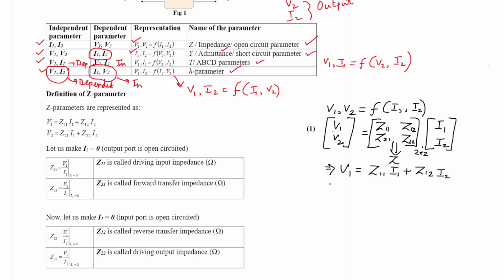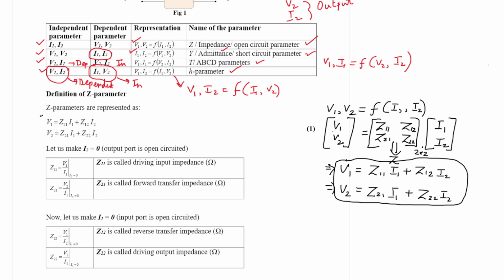And if you expand the second row, the second equation will become V2 is equal to Z21 I1 plus Z22 I2. These two equations are our fundamental equations to define Z parameters.